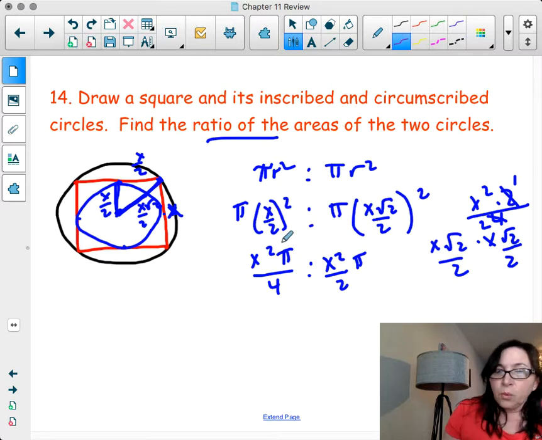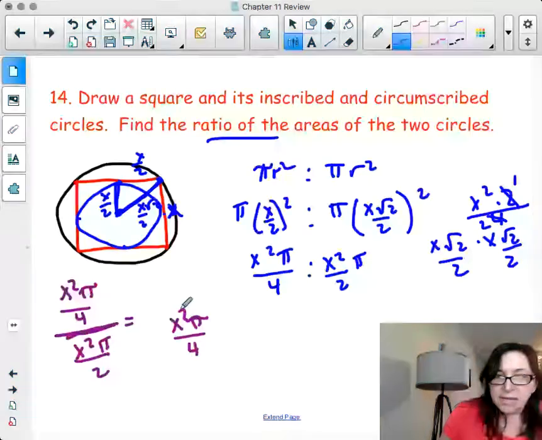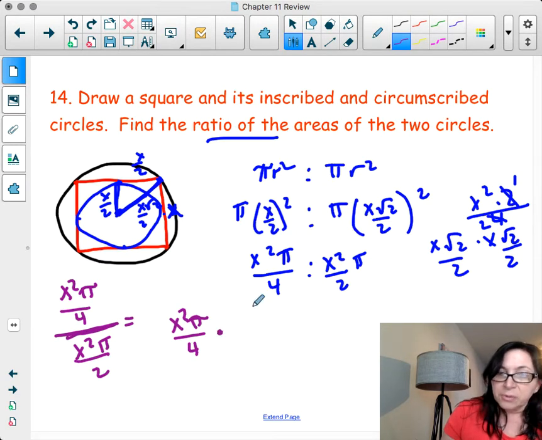Remember that when you're making a ratio, another way of writing it is as a division. So we can also write this as x squared pi over 4 divided by x squared pi over 2. When you're dividing, you can also multiply by the reciprocal.